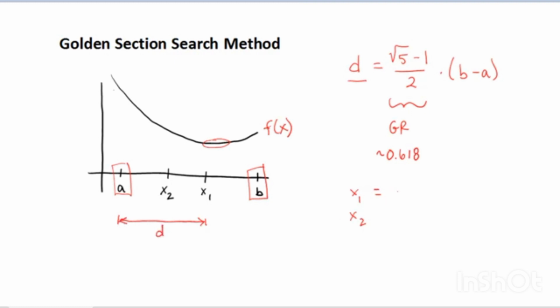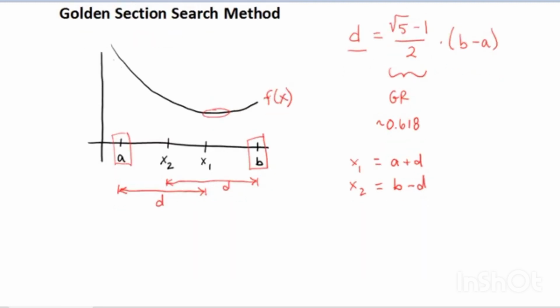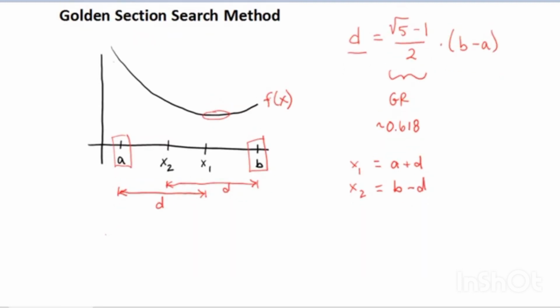So x1 equals a plus d. x2, on the other hand, is d away from b. So that's d as well, but it's down from b, so x2 is equal to b minus d.